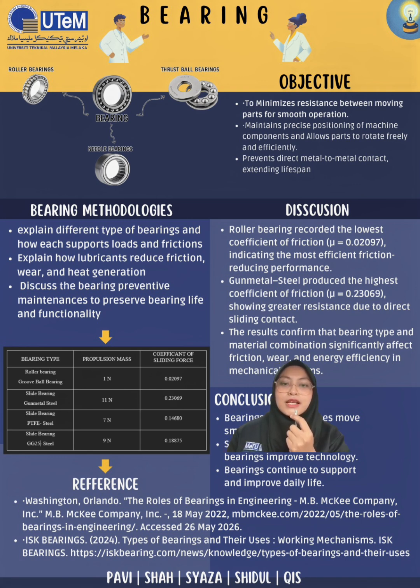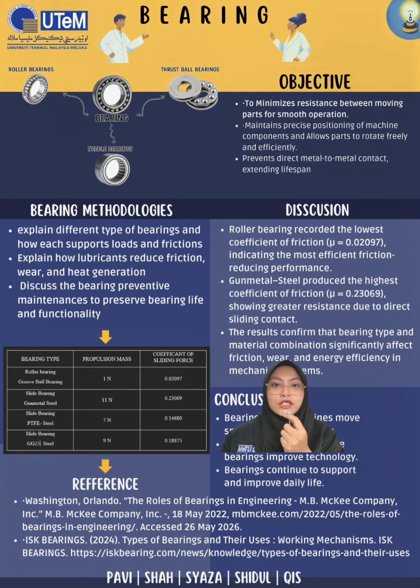Today, I will present the outcome of bearing friction. Based on the results obtained, the roller bearing, which is the groove ball bearing, required only 1 Newton of propulsion force and had the lowest coefficient of friction, which was 0.02097. For the slide bearings, the PTFE steel bearing required 7 newtons and had a coefficient of friction of 0.14680.